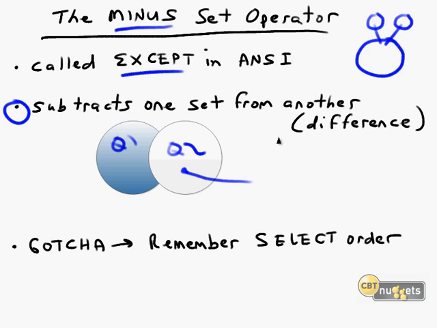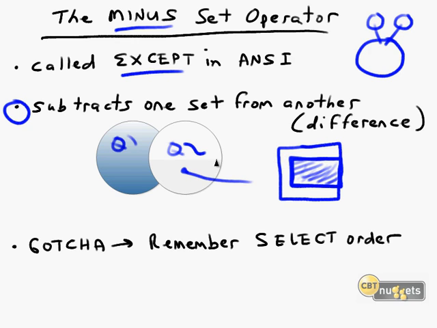Now, this is useful not only when comparing results from two separate tables, but you can run a query from a single table, and then to eliminate part of it, you can run a minus operation with a second select, and that second select would effectively remove a subset of those records from the first select. So as you see here, the cross-hatching represents the second query, and then what you're left with, if I can use these geometrical shapes, is a shape that looks something like this.